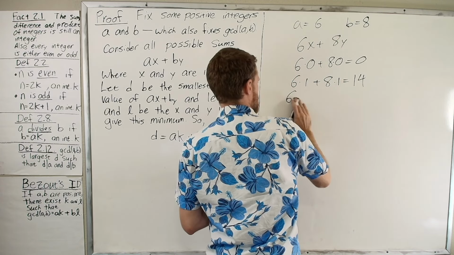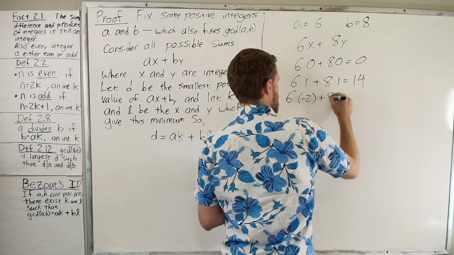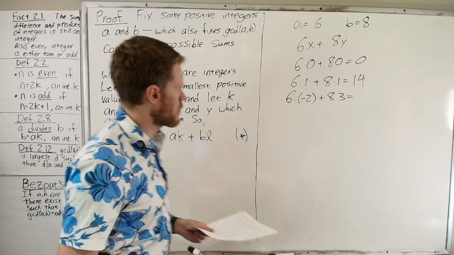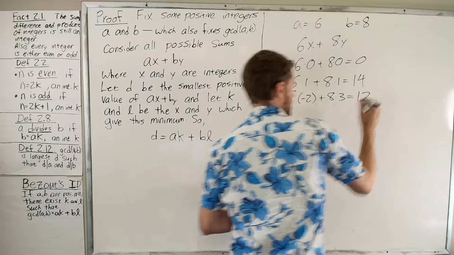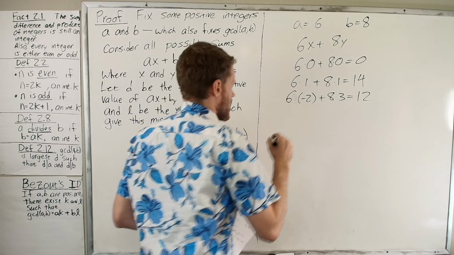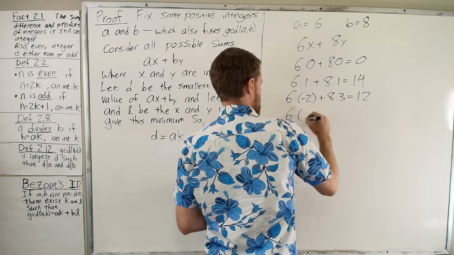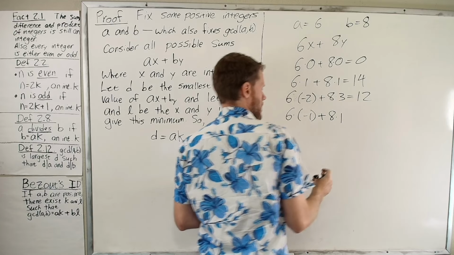6 times -2 plus 8 times 3, what would that be? -12, 8, 16, 24, +12. Okay. What else could you get? You could get 6 times -1 plus 8 times 1.